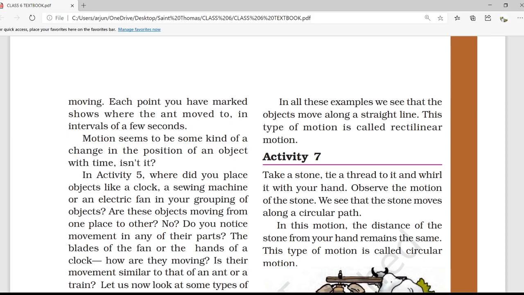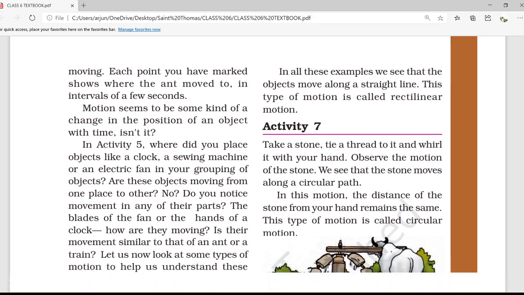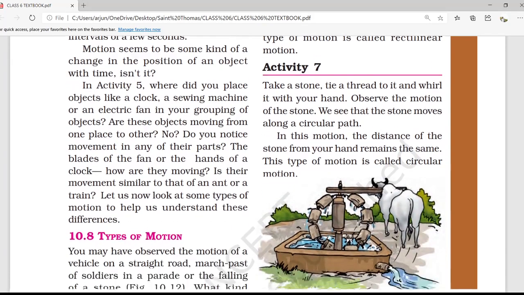There are turnings, but certain portions are a straight line. So in all these examples, the object moves along a straight line. This type of motion is called rectilinear motion. So here we have understood what rectilinear motion is: objects which move along a straight line show rectilinear motion.